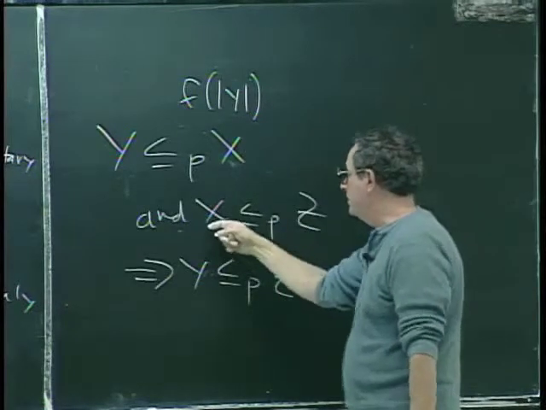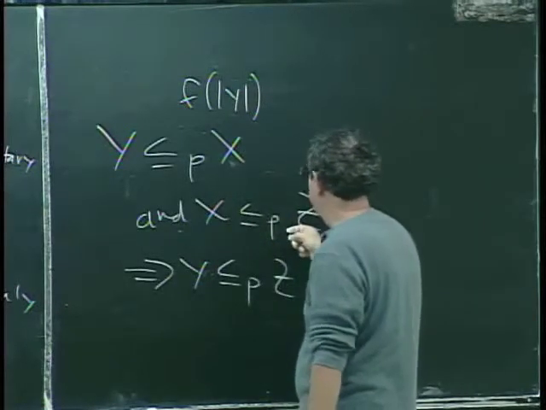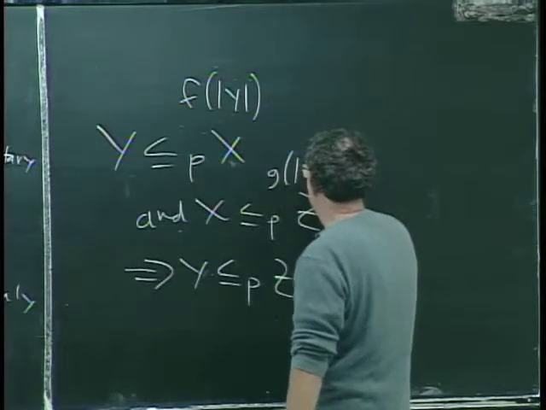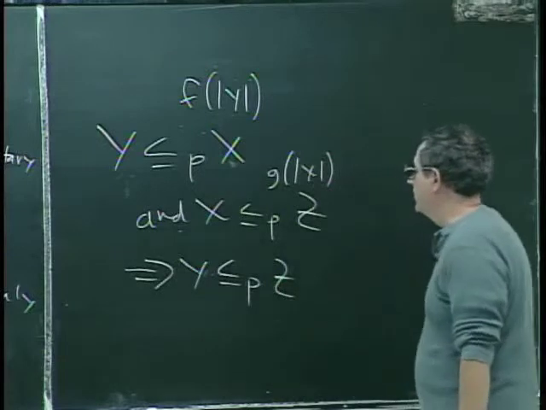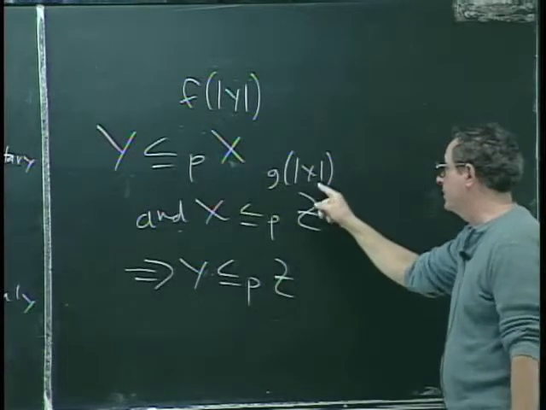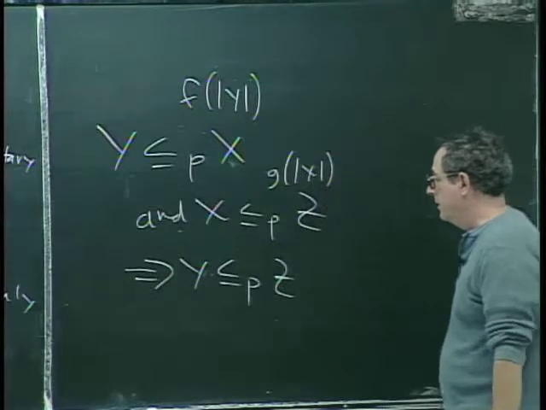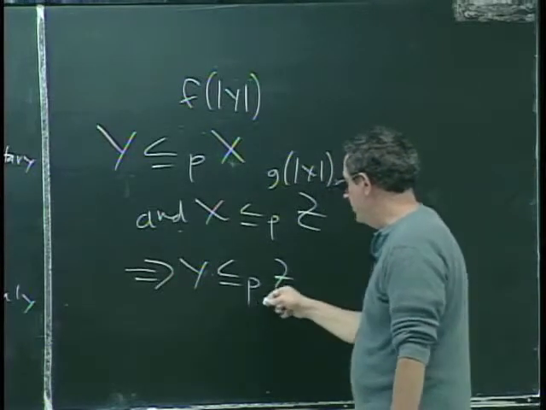And then the input x reduces to z, and maybe that's by a polynomial function g of the input size x. Therefore, y reduces in polynomial time to z.